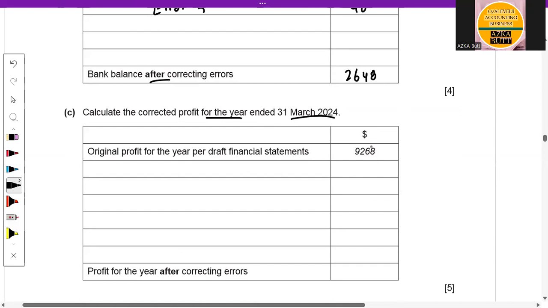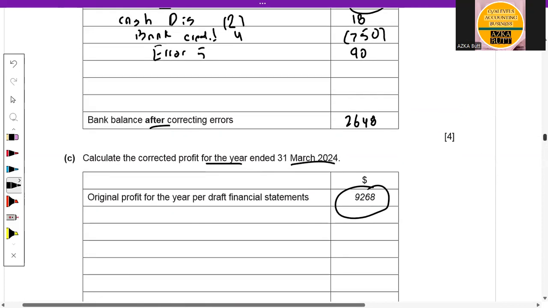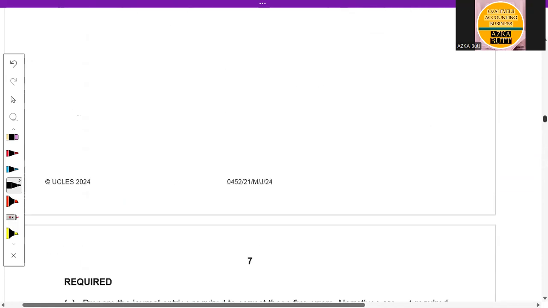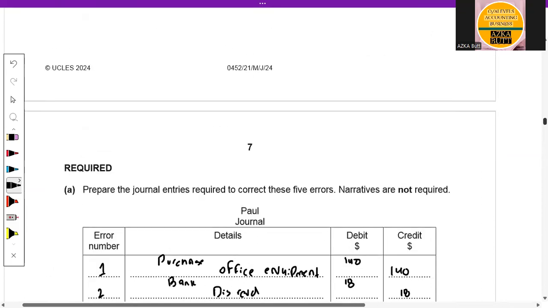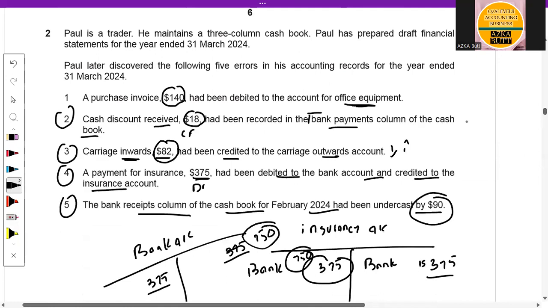This is the draft financial statement, 9268. And now we have to see. If you see that a purchase price of 140 had been debited to the bank account for office equipment, it means that we didn't record a purchase invoice of 140, but now we recorded it.